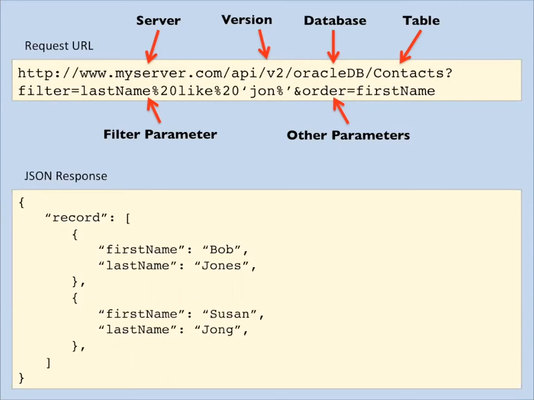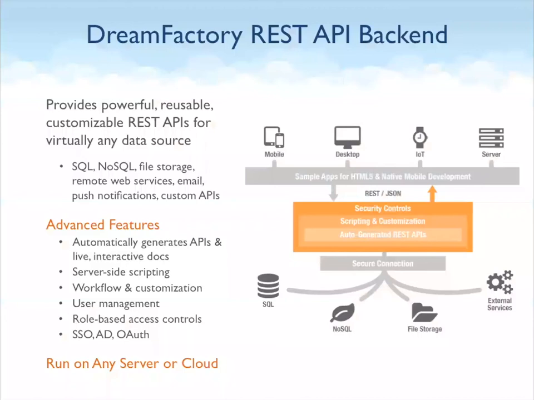You have flexible filters, which lets you pull down any subset of the data, and then you have any number of other parameters to add richness, say ordering, pagination, rollback, commit, whatever other features that you need. And then here's the JSON response. As you can see, that's appropriate for the filtered example. So that's just an example of a reusable API.